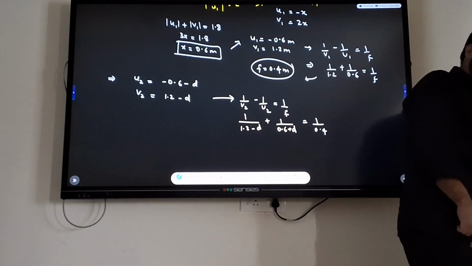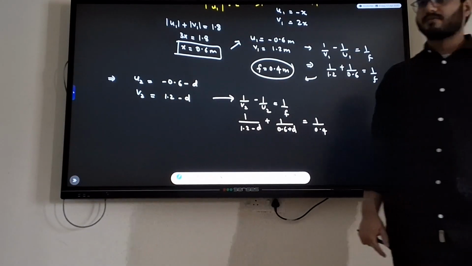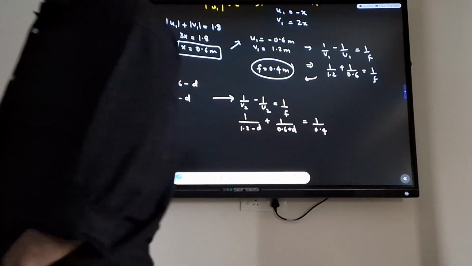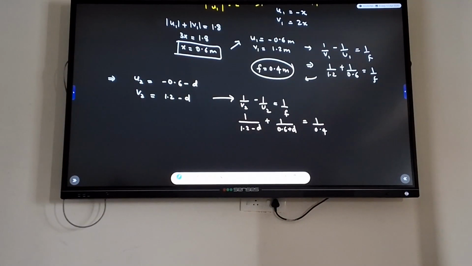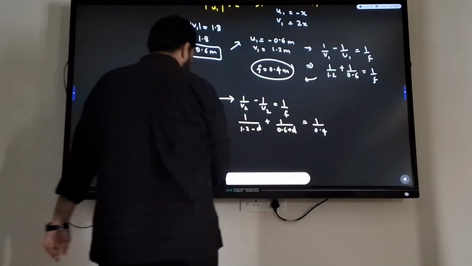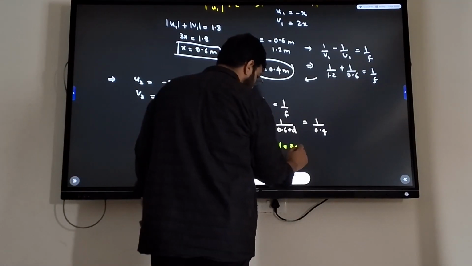Actually, that would be correct, but 1.2 as the second root, I think one of the roots will be 0 there. You solve this, you will get the value of D. Please do it later. But I think you will get D as 0.6 meter.